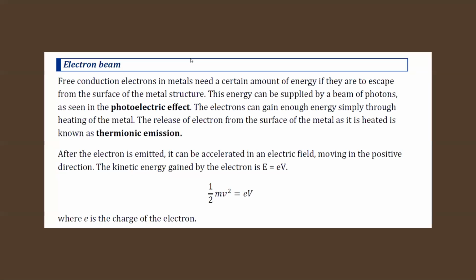How can we produce a beam of electrons? There are two ways to produce a beam of electrons. One is called thermionic emission, another one is the photoelectric effect. You studied the photoelectric effect in AS. What happens in the photoelectric effect?